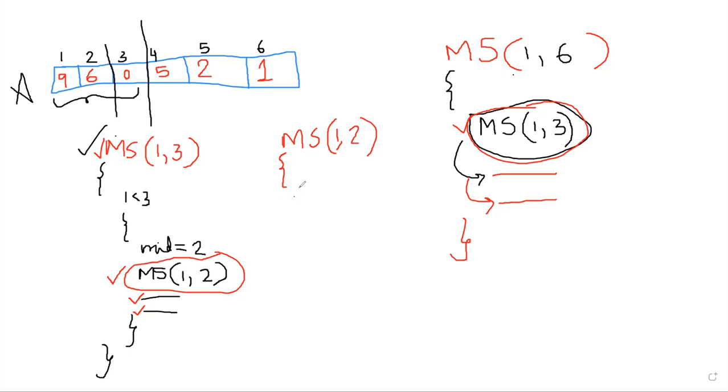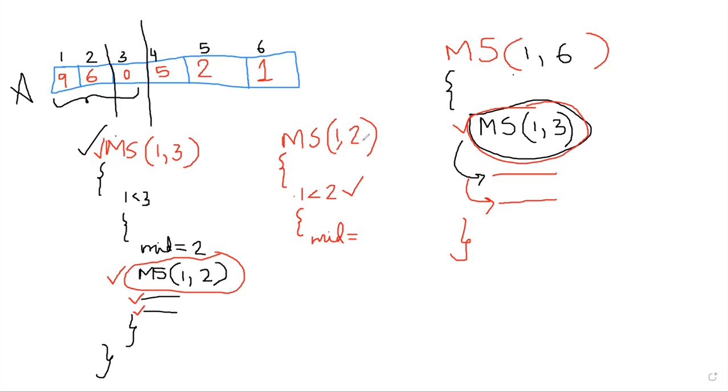So here again you are going to check the if condition. 1 is less than 2. The condition is true. So again it goes inside that if statement. And here you are going to calculate the mid value. The mid value calculation is too simple. The formula is low plus high by 2. So here the low value is 1, high value is 2.